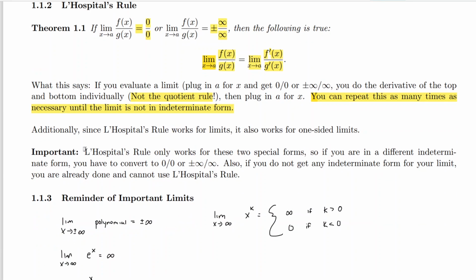Right, now the main thing to really reinforce, and I kind of mentioned it already, is that L'Hopital's rule only works for these two special forms. So if you're in a different indeterminate form, you must convert it to 0 over 0 or infinity over infinity. Doesn't matter if it's positive or negative, you must convert it.